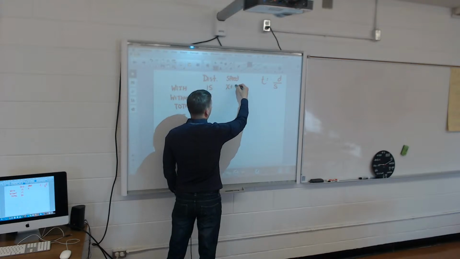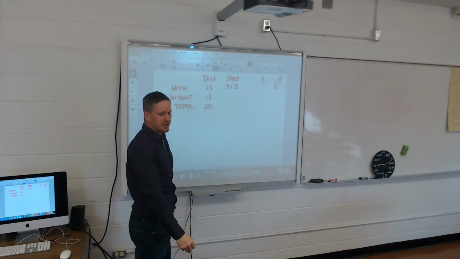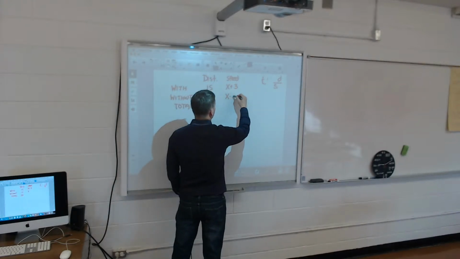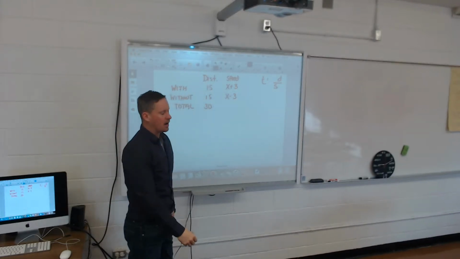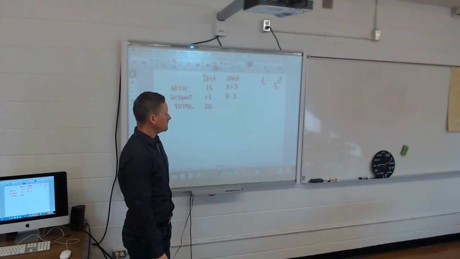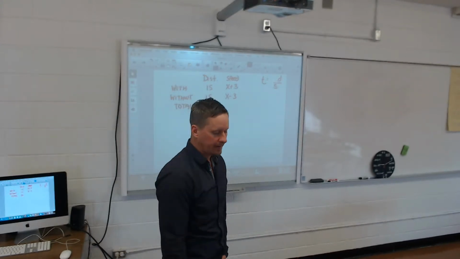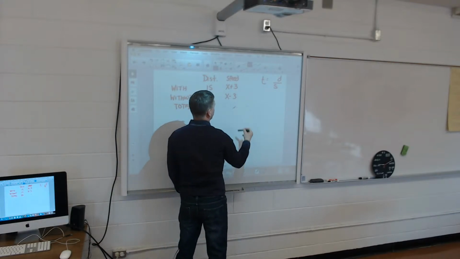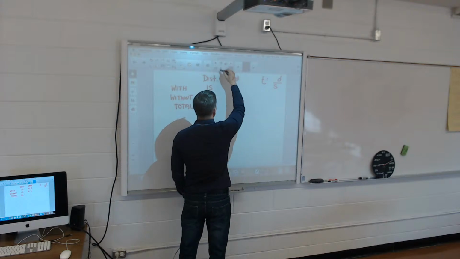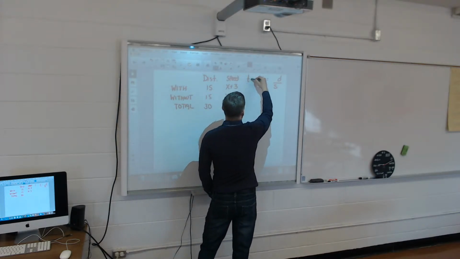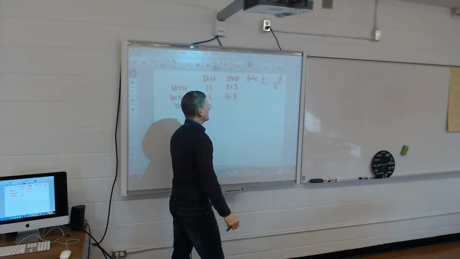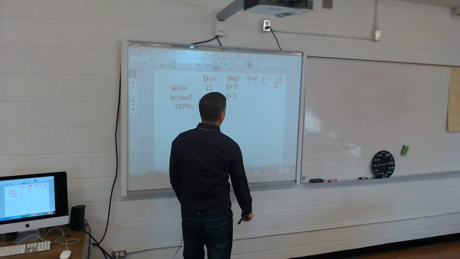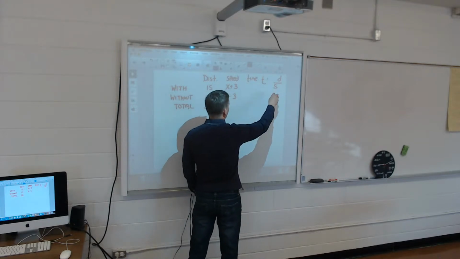Traveling with the wind adds 3 kilometers an hour to the speed that he's traveling at. Traveling into the wind, we subtract 3 kilometers from it. Okay? And we don't really need anything here for our speed. Now our time it takes for this to happen is found by taking distance over speed.